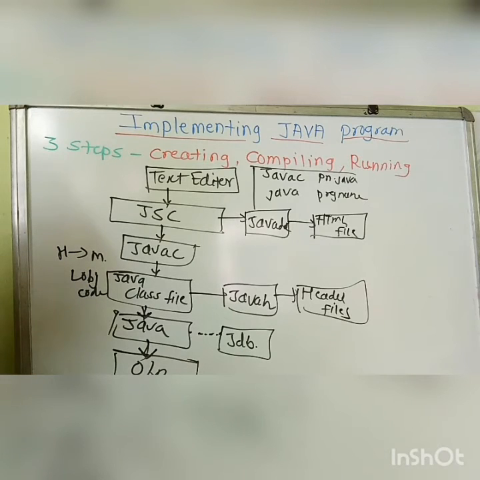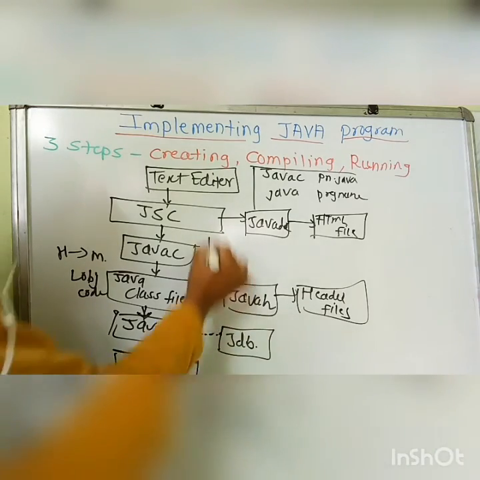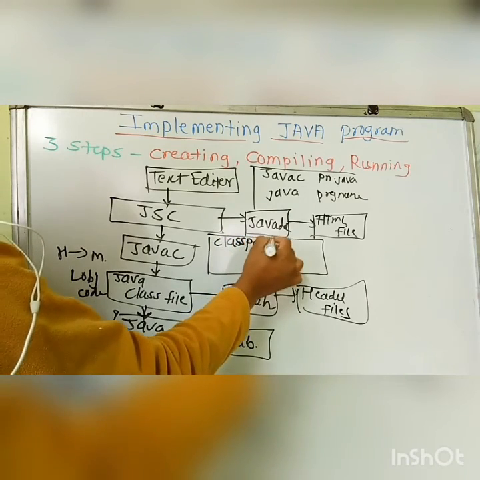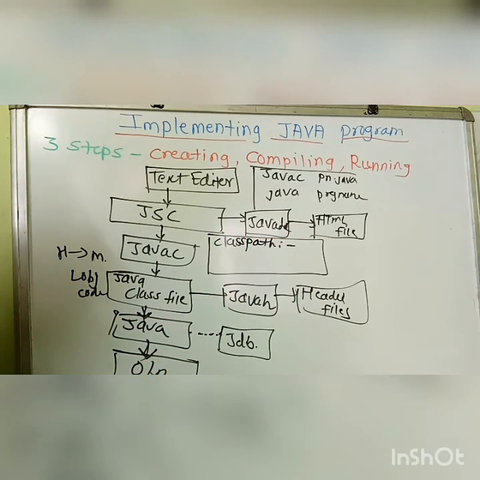Now when we are using this JDB, we have to follow the class path. Class path is nothing but an environment variable used to denote where our actual Java programs are saved.